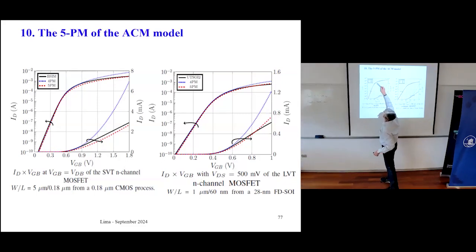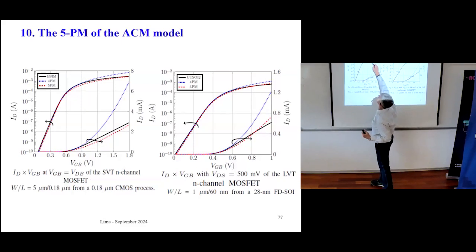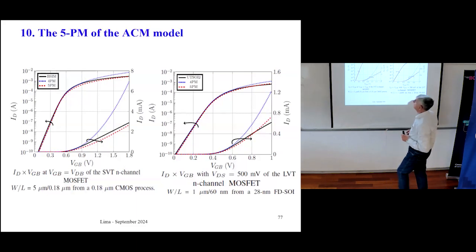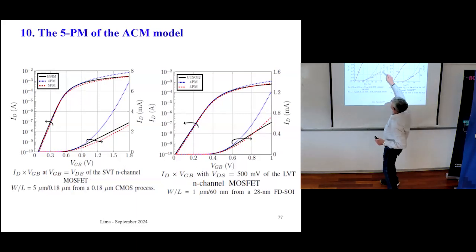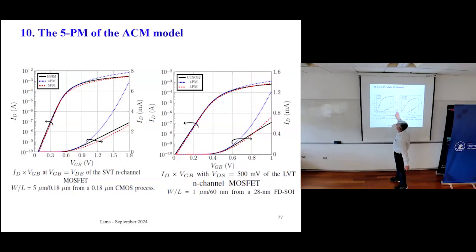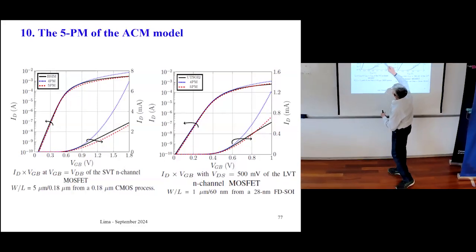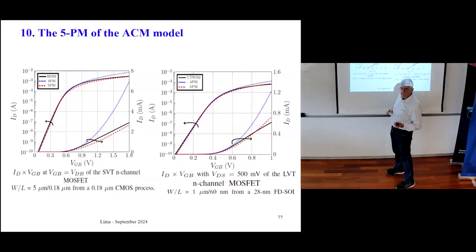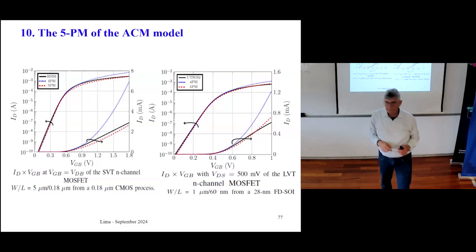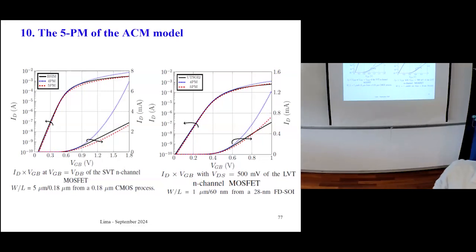But when you include this fifth parameter, you have a good fit of the BC. This is in the linear scale. The linear scale has a huge difference, almost a factor of 2 or 3 with respect to BC. When you include this fifth parameter, the curves match very closely. Okay?